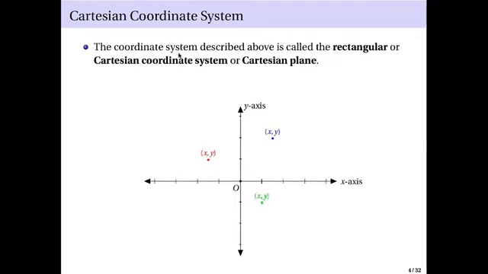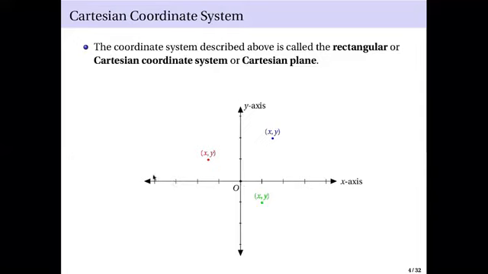So, the coordinate system described is called the rectangular coordinate system or Cartesian coordinate system, or we simply call it the Cartesian plane. It's a flat surface where we think of a certain point to be our origin, and then we draw horizontal and vertical lines passing through that origin. Or maybe we can start like what was described earlier.